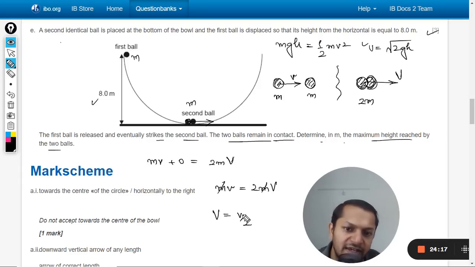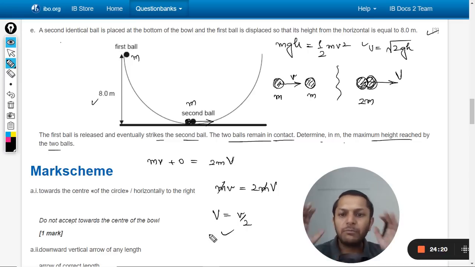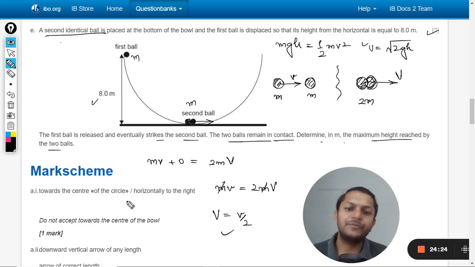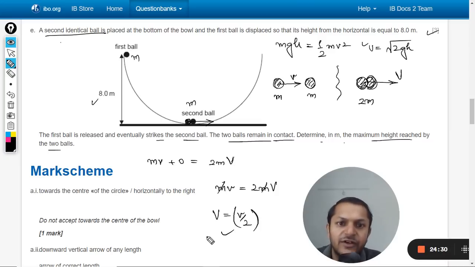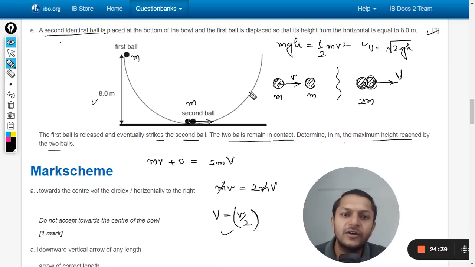So capital V is half of v, because the mass is the same, these balls are identical. Clear? So now it will be moving with half of the velocity. So now we have to apply the conservation of energy principle once again to find the total height that it is now going to rise.